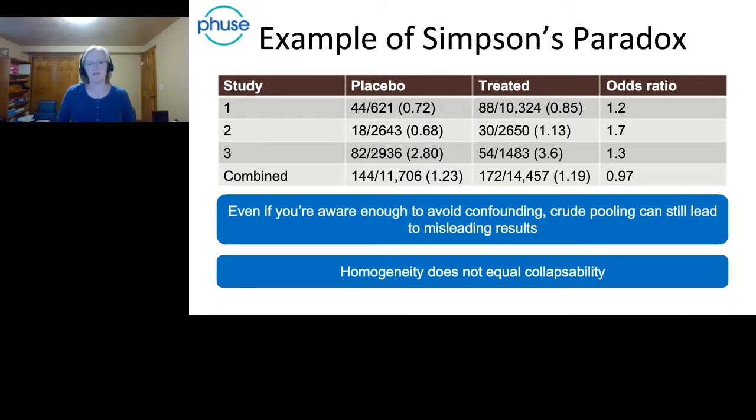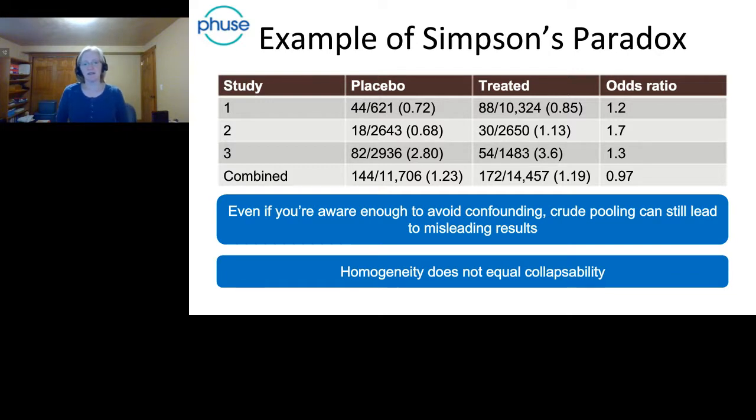This is an example of Simpson's paradox, where the individual studies show one thing, but when you pool them together, it shows another thing. This is where homogeneity does not equal collapsibility. These are homogeneous results, very consistent across the three studies, but that does not mean you can simply collapse the data.